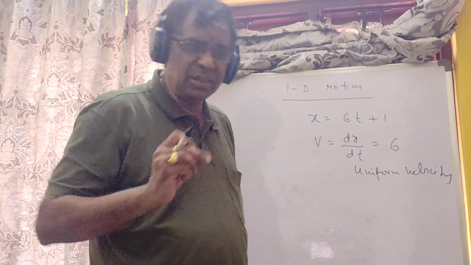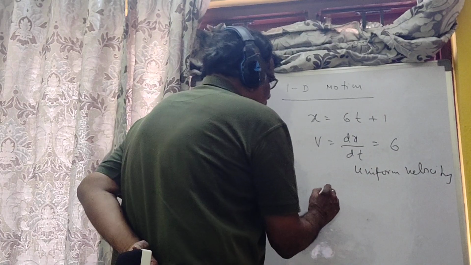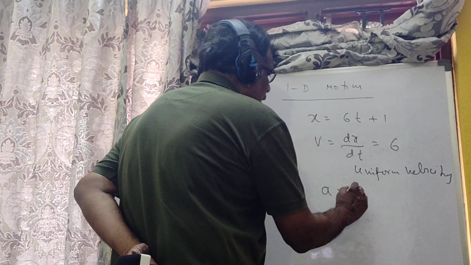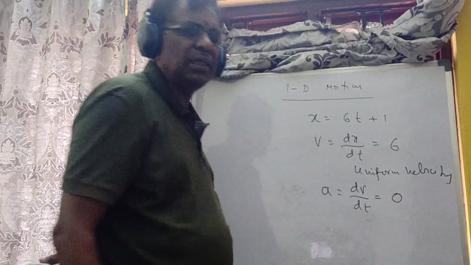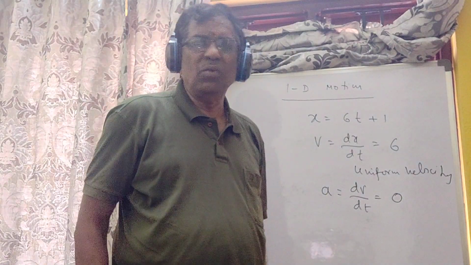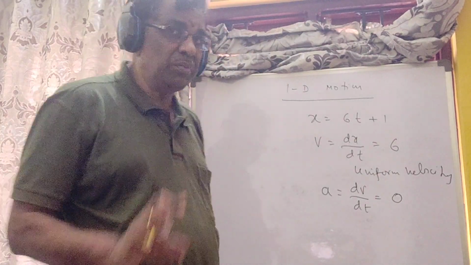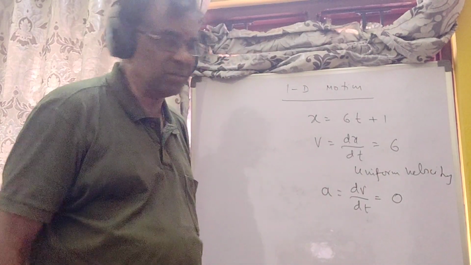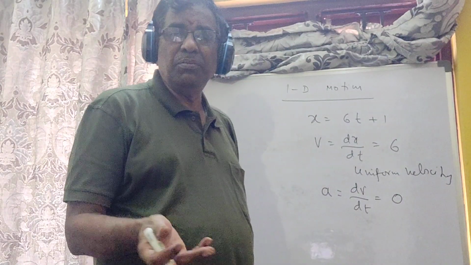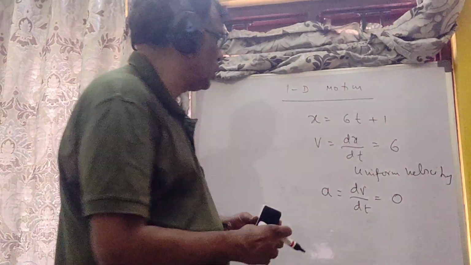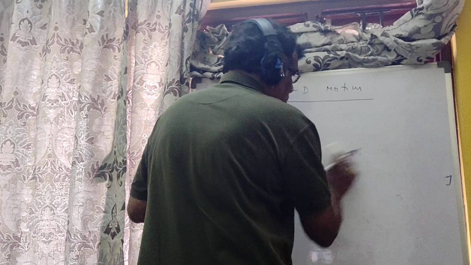No bidirection here. The same direction it keeps on going, that is uniform. If I take a as dv by dt, then the acceleration becomes 0. So whenever the acceleration becomes 0 in 1D motion, remember I am talking of 1D motion, this is what we call uniform motion. The previous case is what we call uniformly accelerated motion, right?